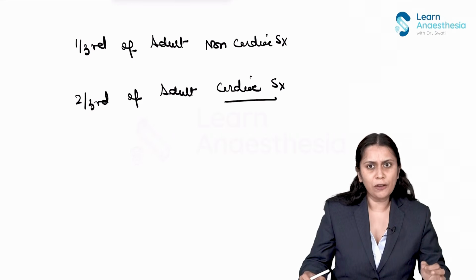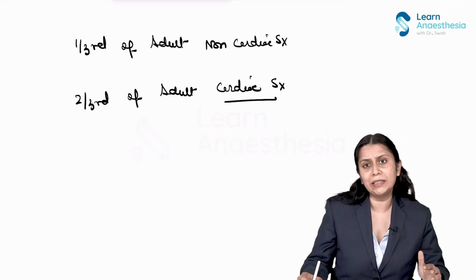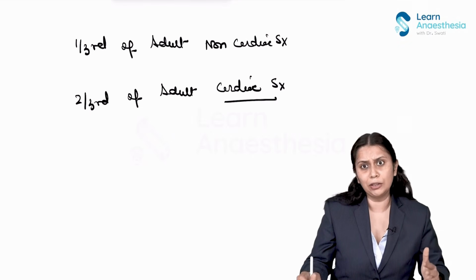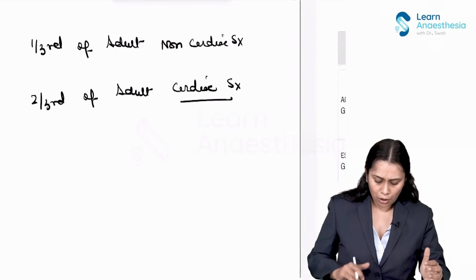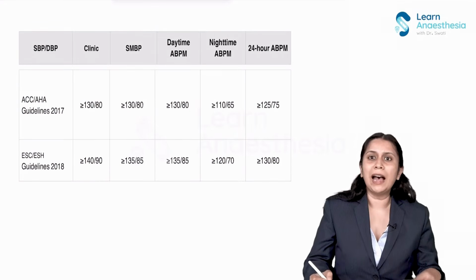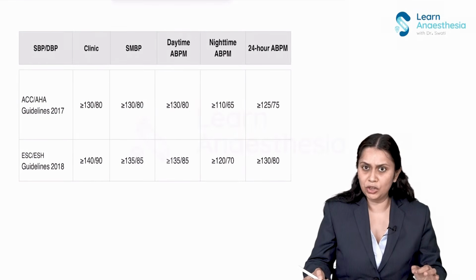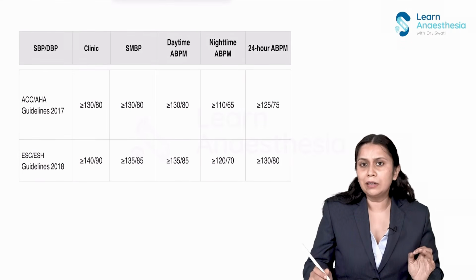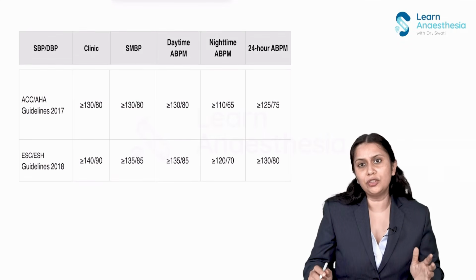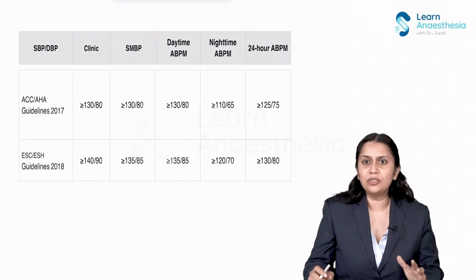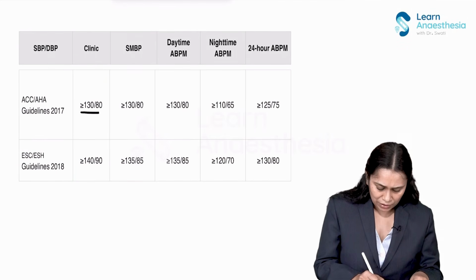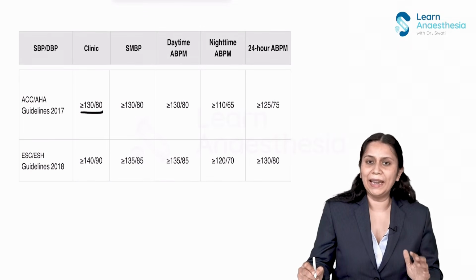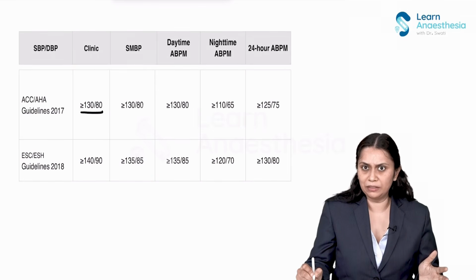So the definition of hypertension varies a little between the different societies which have given the definition, the American and the European society. According to the American Heart Association and American College of Cardiology, the office-based definition of hypertension is if systolic blood pressure is above 130 and diastolic above 80, then they define it as a hypertensive patient.